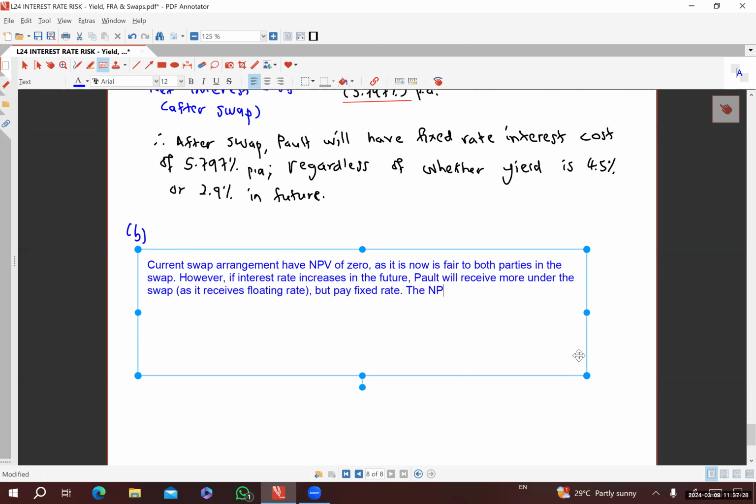So the NPV of the swap will become positive. Port will gain.